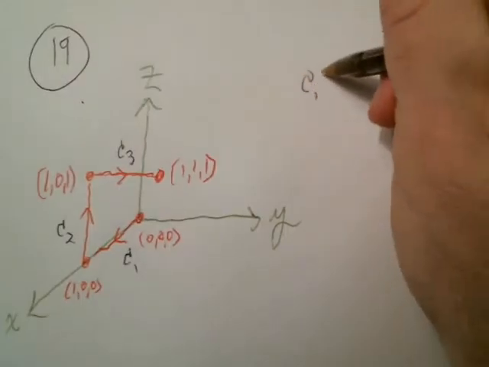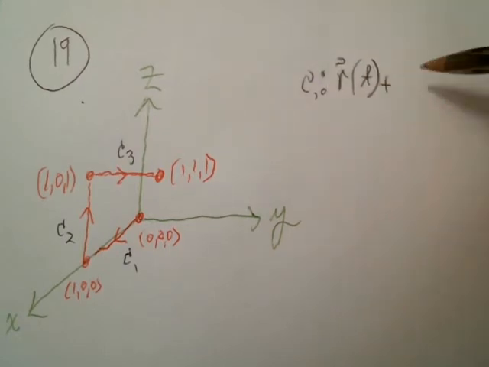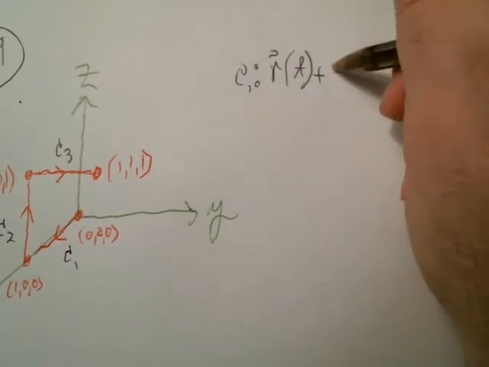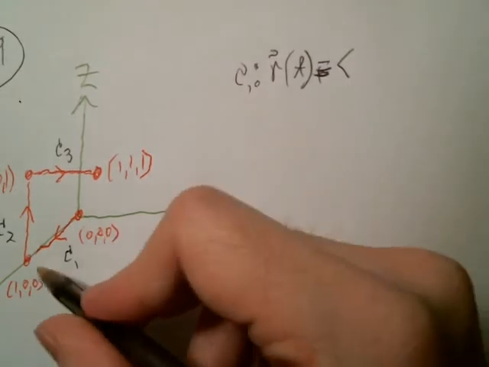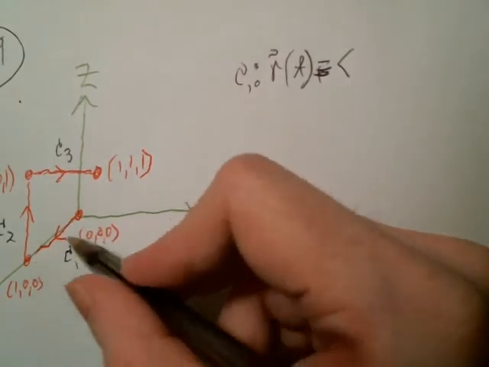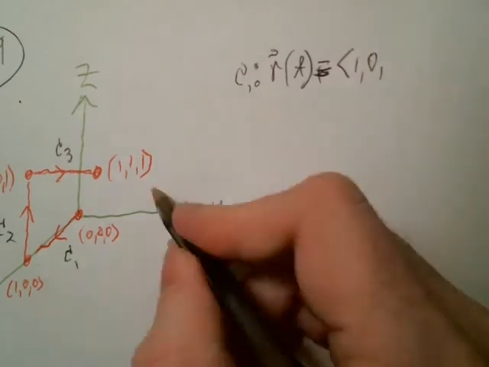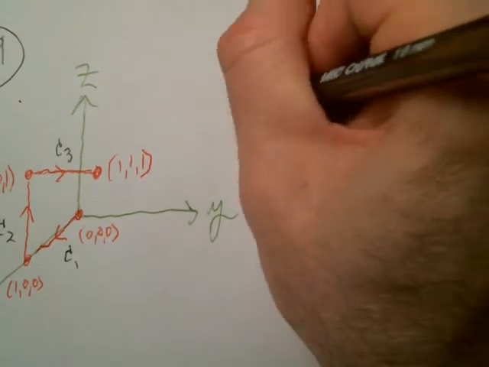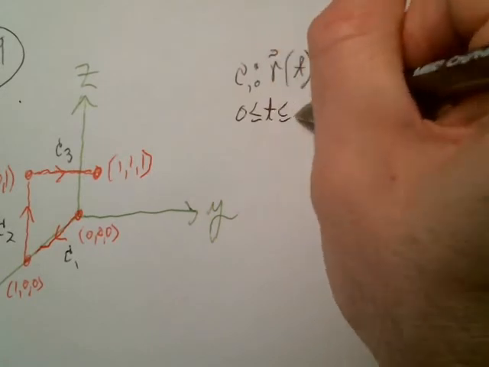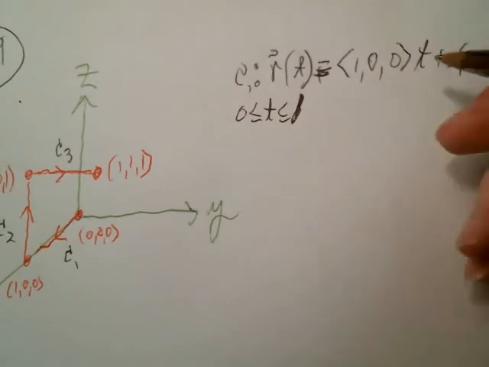So for C1, you're just thinking slope plus starting place. So r of t equals the slope, so you subtract these two points: 1 minus 0 is 1, 0 minus 0 is 0, 0 minus 0 is 0, times t, plus your starting point (0, 0, 0), and t varies from 0 to 1.